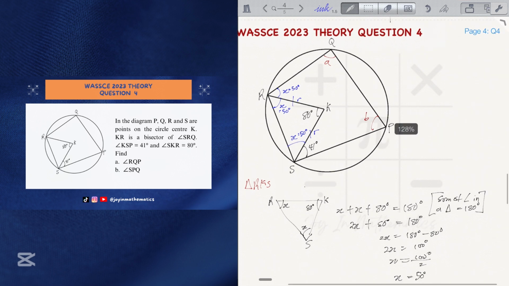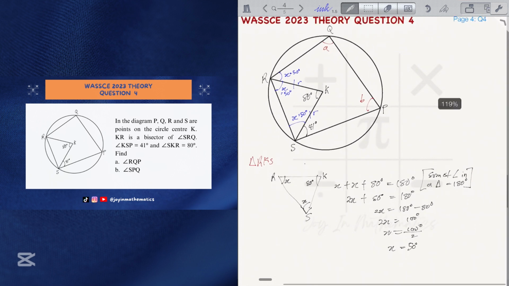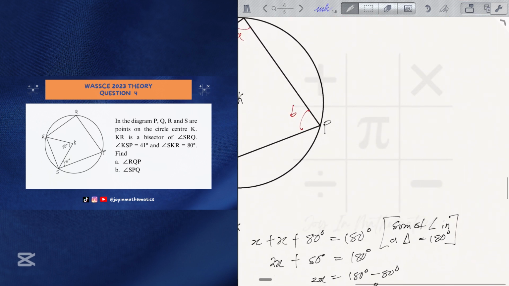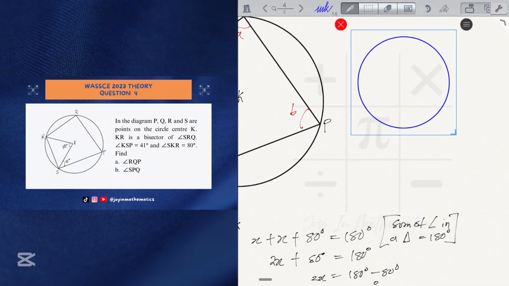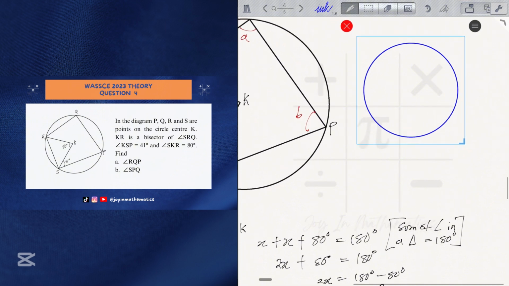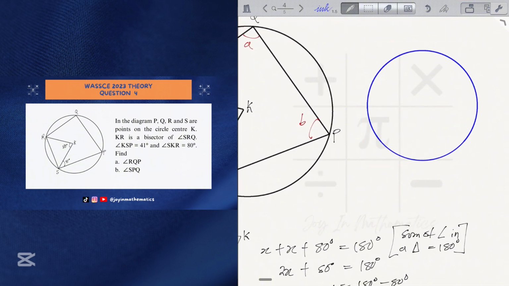Now I want to introduce you to the concept of the cyclic quadrilateral, or let's just refresh our minds on it. In a cyclic quadrilateral, if you have a circle with a quadrilateral in it, the quadrilateral has 4 sides, and we'll call it ABCD, with angles A, B, C, and D respectively.